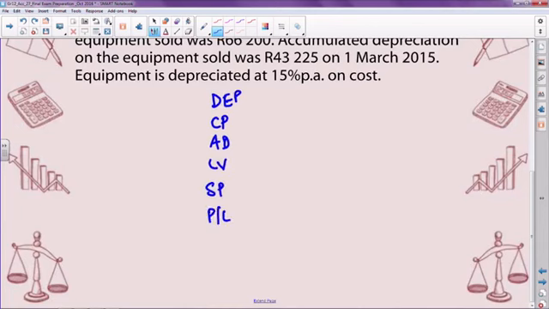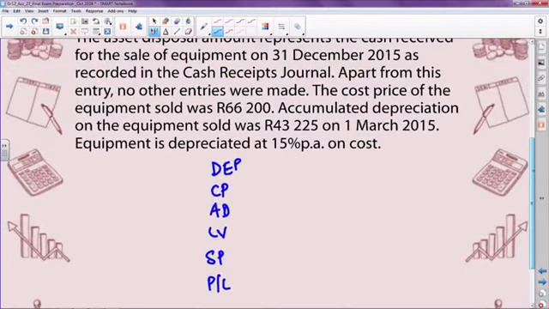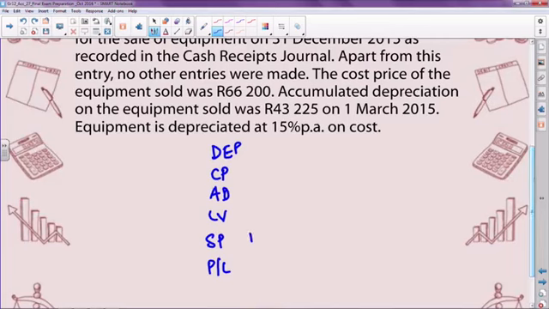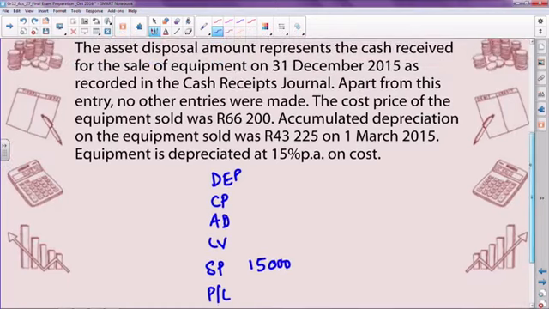Depreciation, cost price, accumulated depreciation, carrying value, selling price, profit or loss. Let's go for it. We know that our selling price was the amount that was given, which was 15,000. So there's my 15,000. Clear? Right, what else do I know? I'm told that the cost price of the equipment that was sold was 66,200. Clear? And the accumulated depreciation was 43,225, and immediately I put a plus sign there.